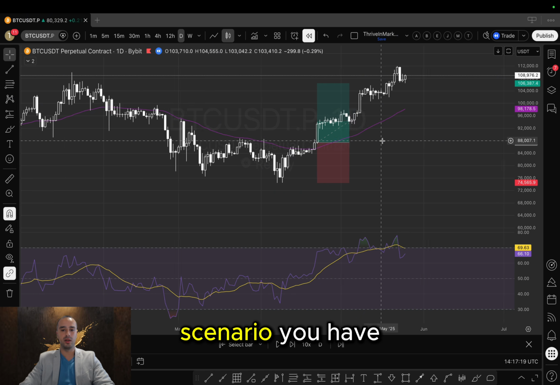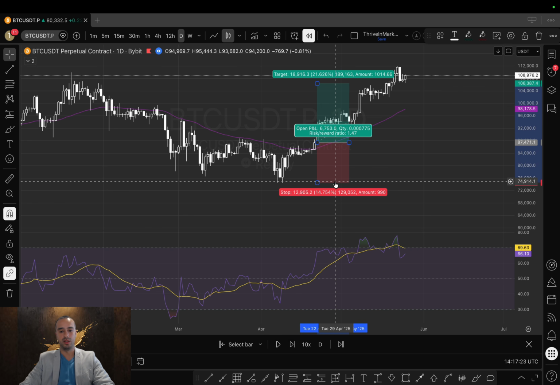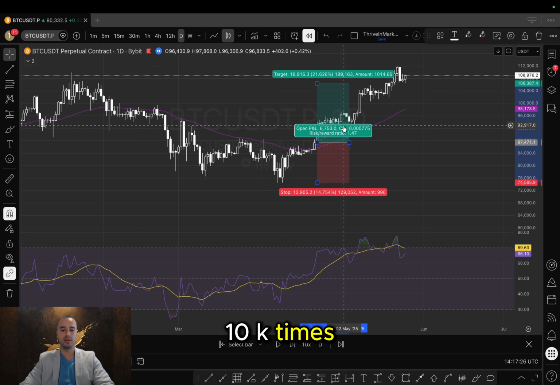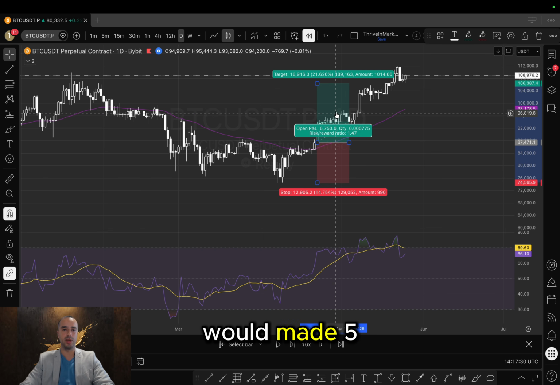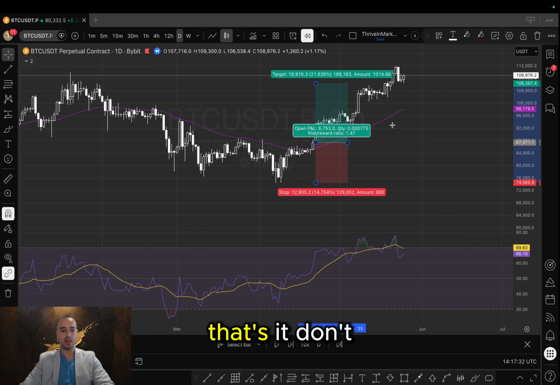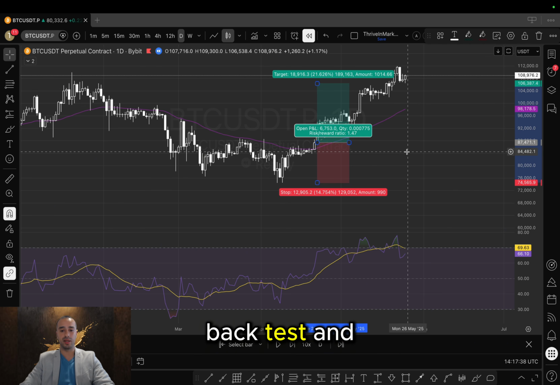In this scenario, you will have made 1.5 of your risk. So if you sold here, and let's say you risk 10K, times 1.5 approximately, you will make 15K. You will make 5K. That's it. Don't use this system. As I said, this system is for the sake of this lesson. Backtest, and this is how you can use spot trading without leverage.